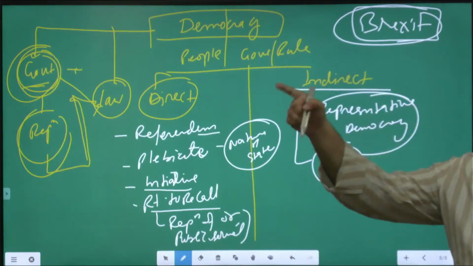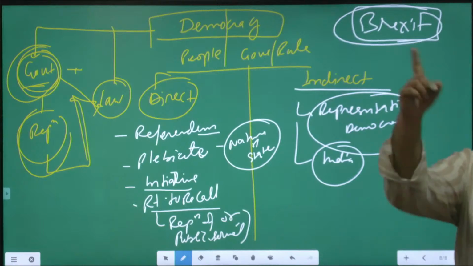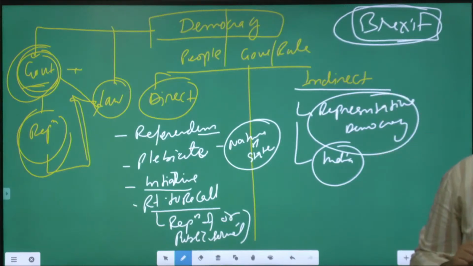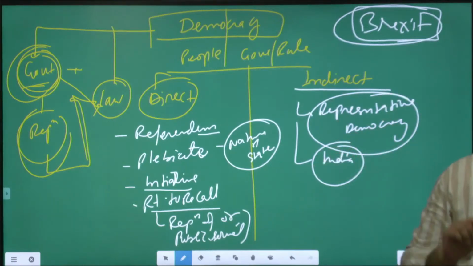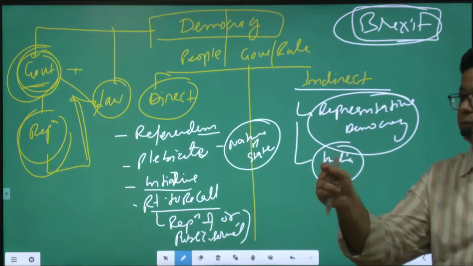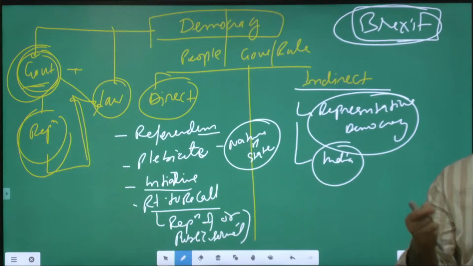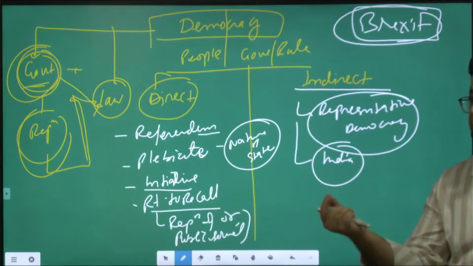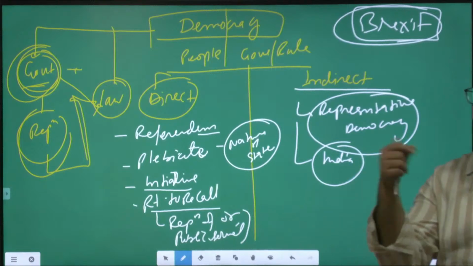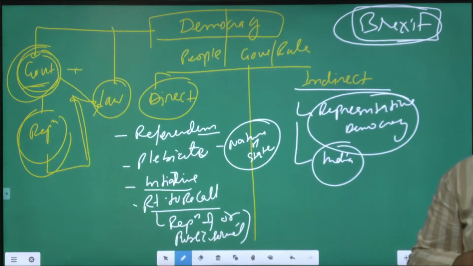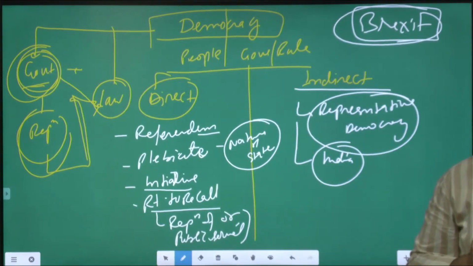Clear? Now the role of this representative in the parliament and the state legislature is to let the government know about the problems and difficulties that each of their constituencies is facing, what law they want. Are you getting my point? Yes or no? Is it clear?